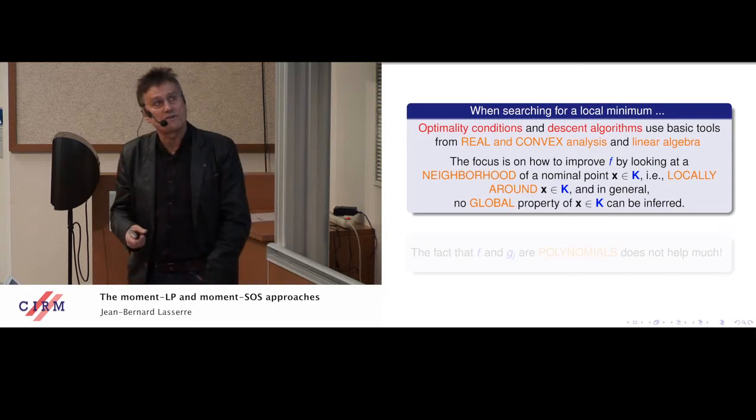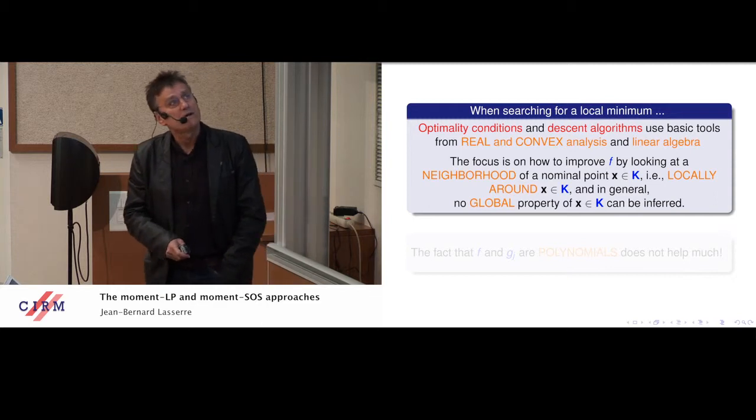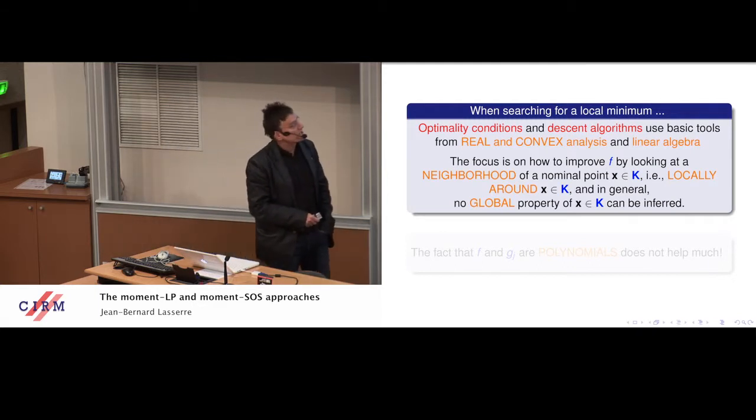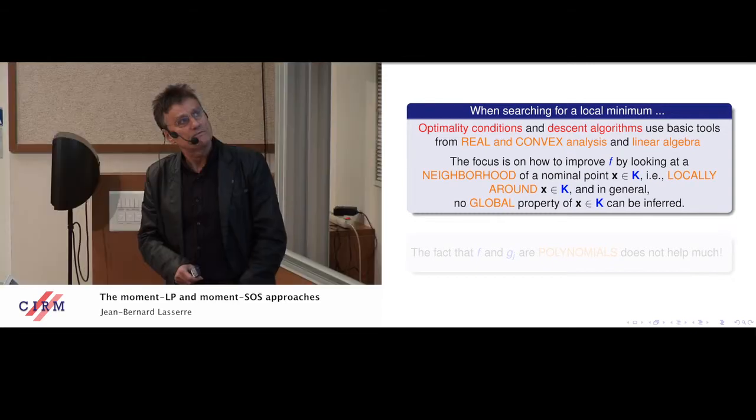So you have an iterate x_k, and you want to improve the criterion locally around x, and you proceed by local improvements. But in general, you cannot infer any global property of the points you end up with, right?